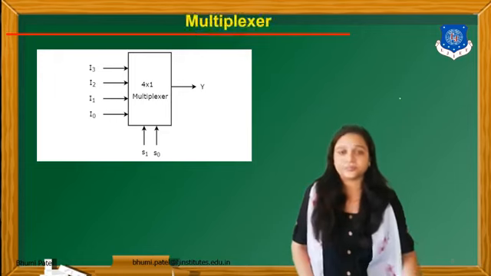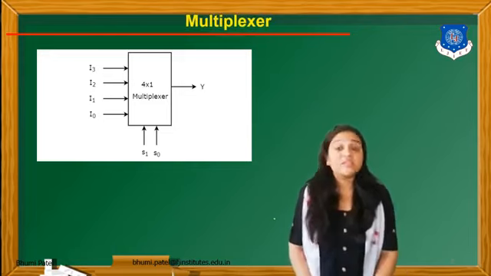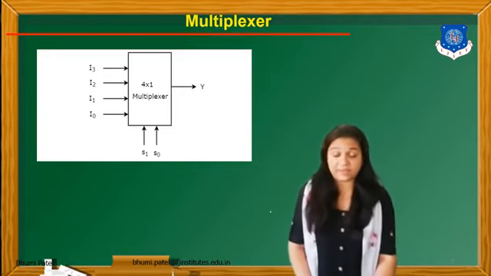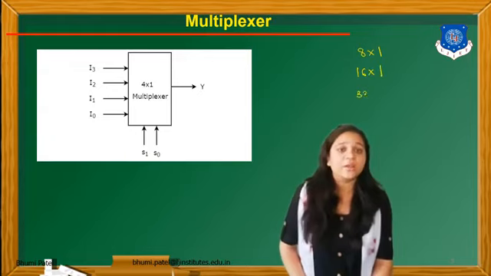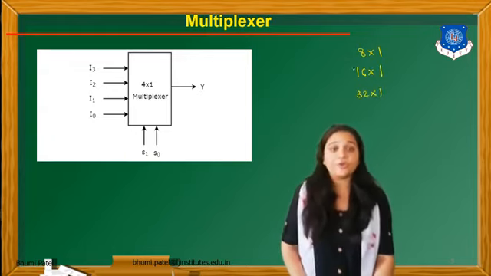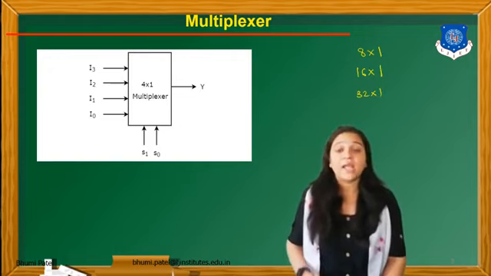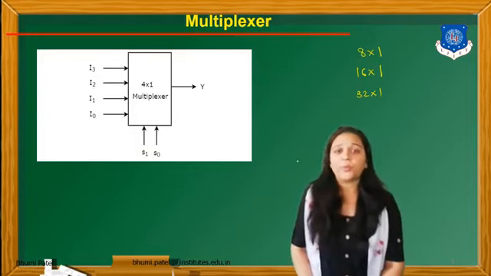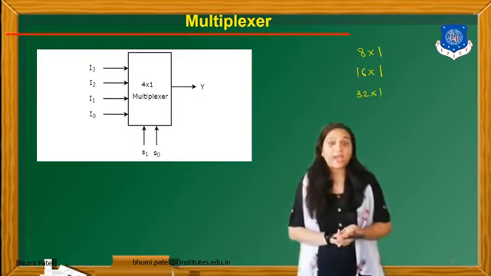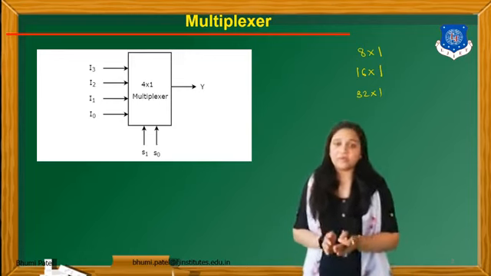So this is the block diagram of the multiplexer. Here we will study the 4x1 multiplexer. 8x1, 16x1 and 32x1 multiplexers are also available. In the 4x1 multiplexer, you can see that we have 4 inputs, I0, I1, I2 and I3, and only one output, named Y, and the 4x1 multiplexer has 2 select lines, S1 and S0.